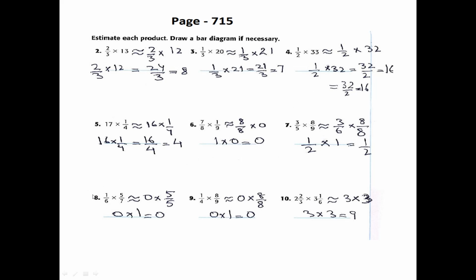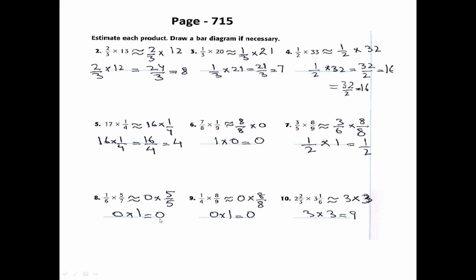After that we have question number 8. 1 upon 6 multiplied by 5 upon 7. The first number we will estimate, it will become 0, and the second number 5 upon 7 will become 5 upon 5. So in the second line we will write 0 multiplied by 5 upon 5, that is 5 divided by 5 is 1, and you know that any number multiplied by 0 is 0.